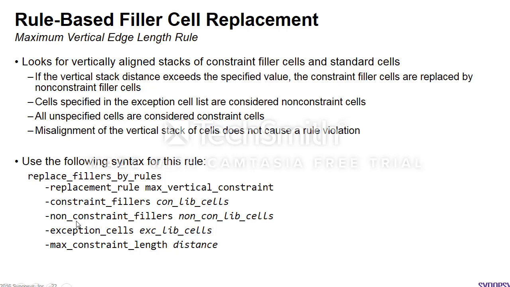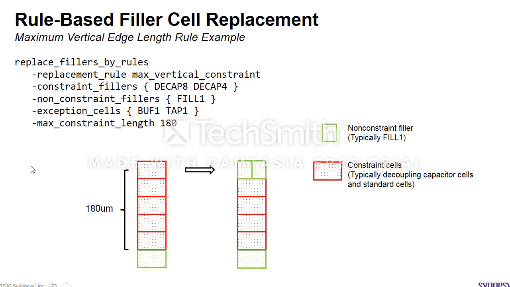In this distance, when you have constraint feeders and non-constraint feeders, and you will have existing cells. We take the example here.